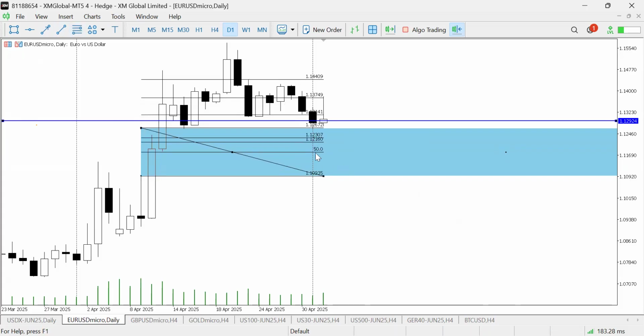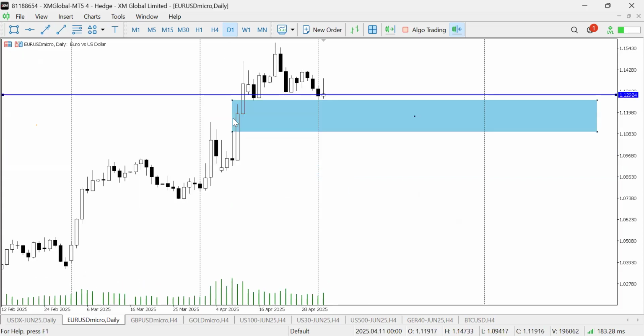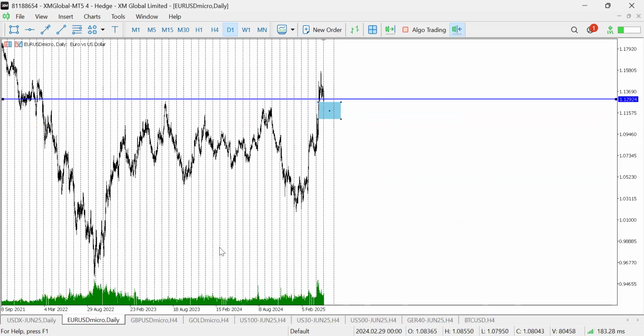So 50% of the fair value gap is here. If the market taps this and goes lower, then that changes the narrative, right? So we need fair value gaps to be respected. If it respects it, where are we going? We already took sell side, buy side liquidity here.